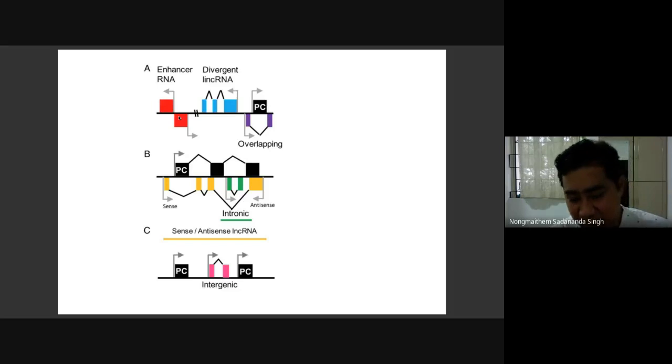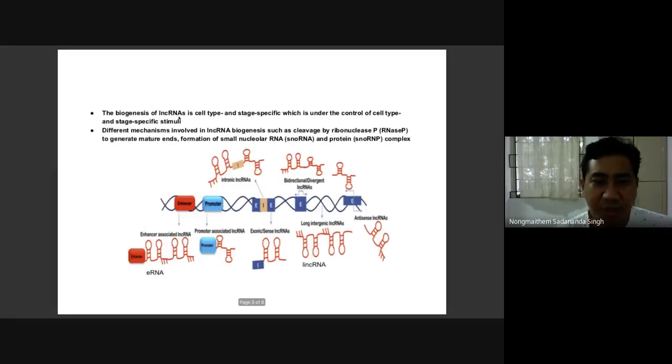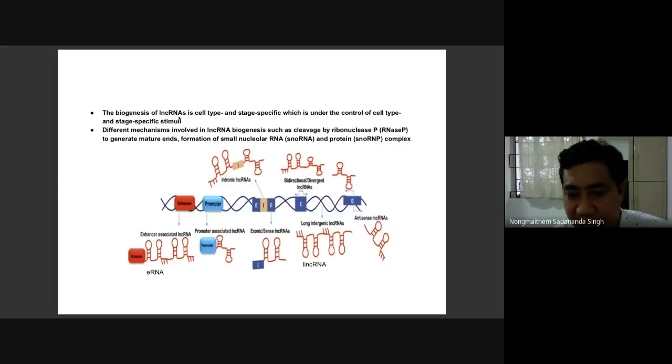And then furthermore, it is summarized again pictorially here, what kinds of long non-coding RNAs there are. It can be at the enhancer region, which we call eRNAs, and it can be in the promoter region, where there are promoter-associated long non-coding RNAs.